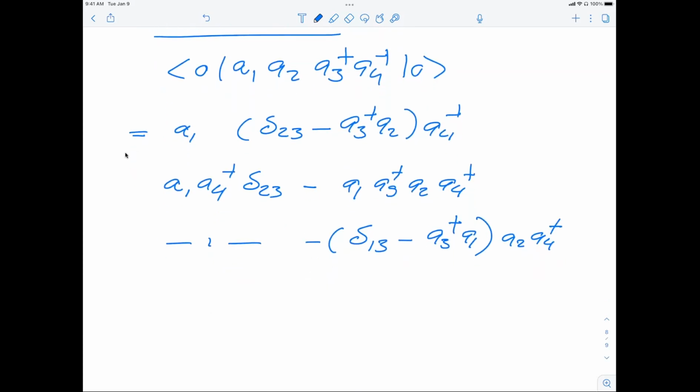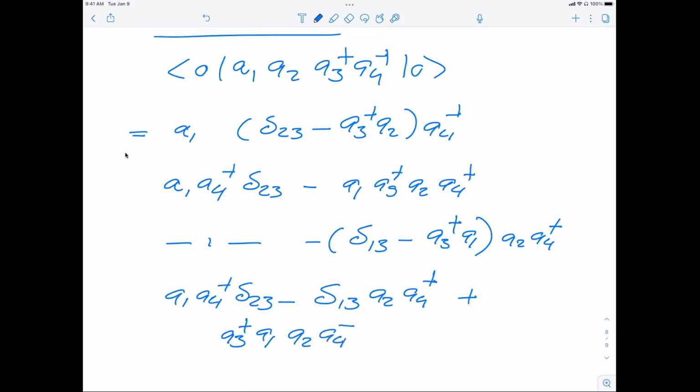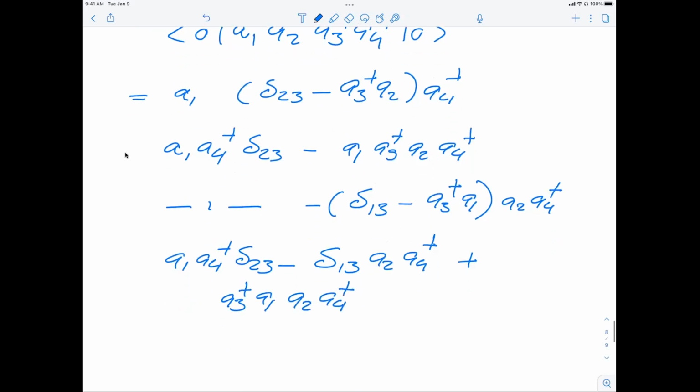Then I can reshuffle everything. So what I'm going to get now is an A1, A4 dagger, delta 2, 3, minus delta 1, 3, A2, A4 dagger, plus, and then I have this A3 dagger, A1, A2, and A4 dagger, like this.